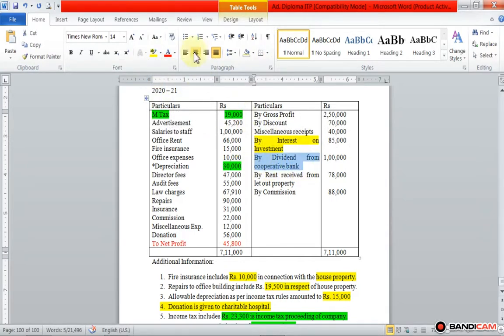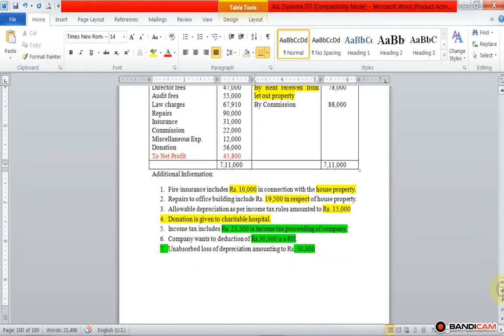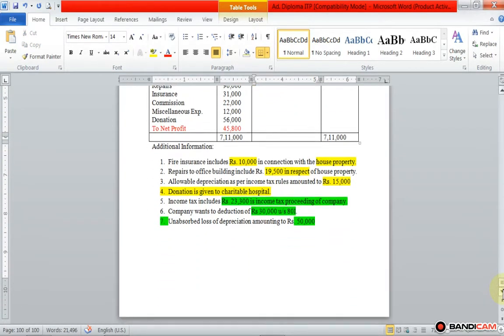Dividend from cooperative bank, 1 lakh, is income from other sources. Rent is income from other sources. And commission is income of the business. So we find the disallowed expenses and the incomes which are charged under other heads.